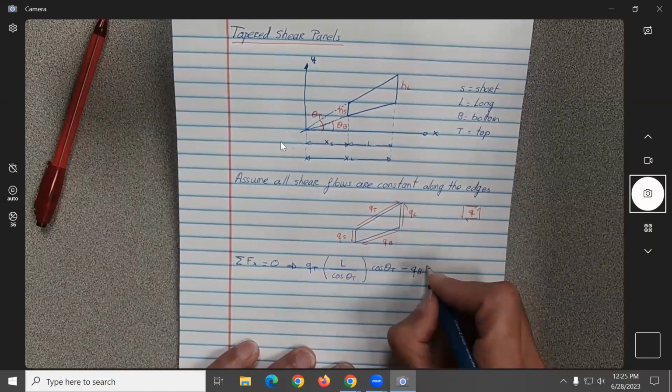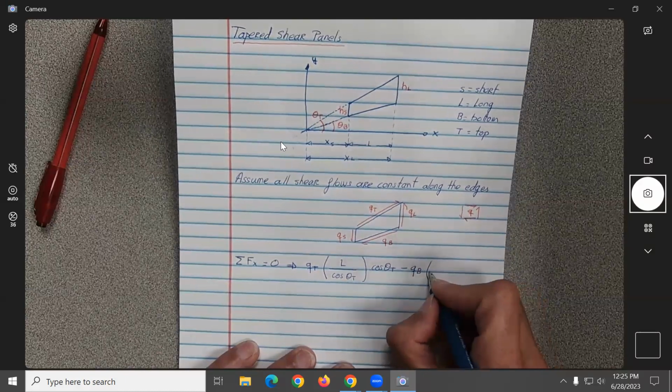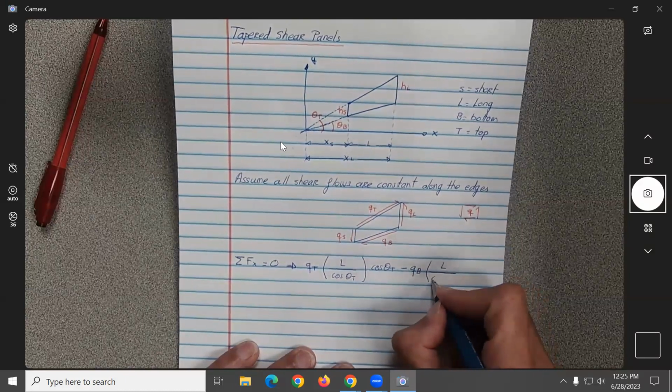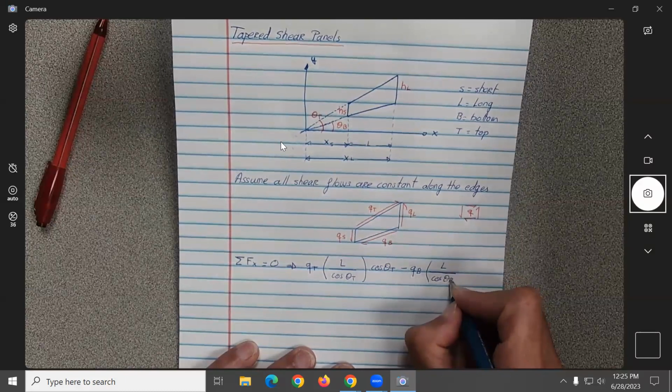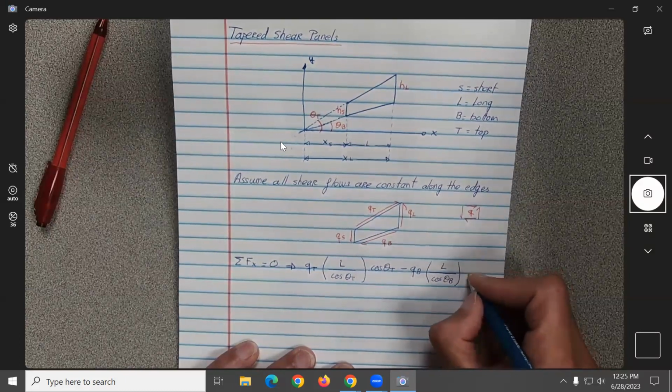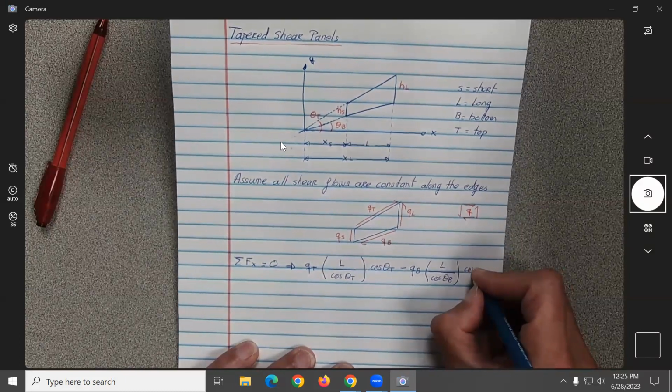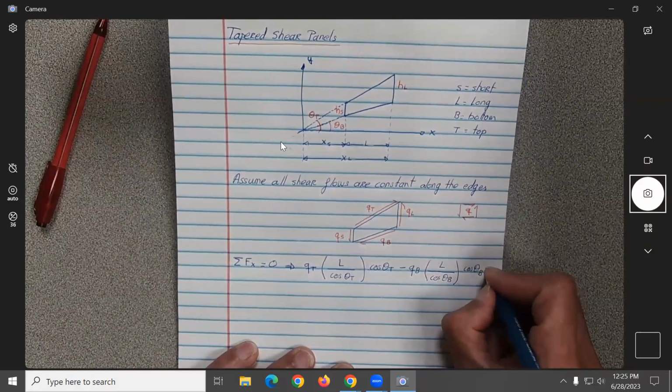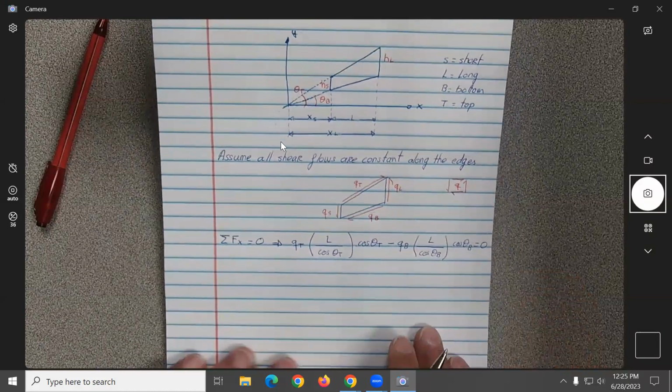So bottom of L over cosine theta bottom times cosine theta bottom equal to 0.